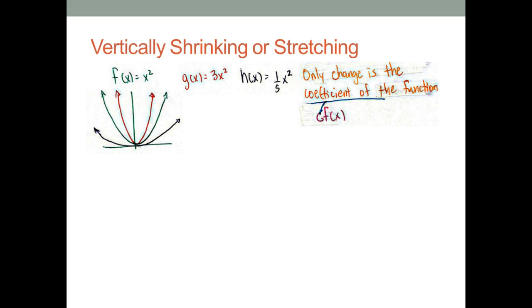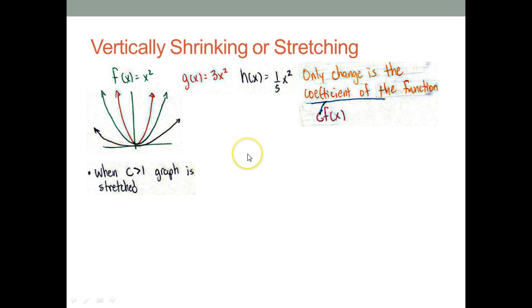So here, when the constant in front of the function is a 3 in g, placed in front of the x squared, the graph is stretched upwards because the y values become larger.